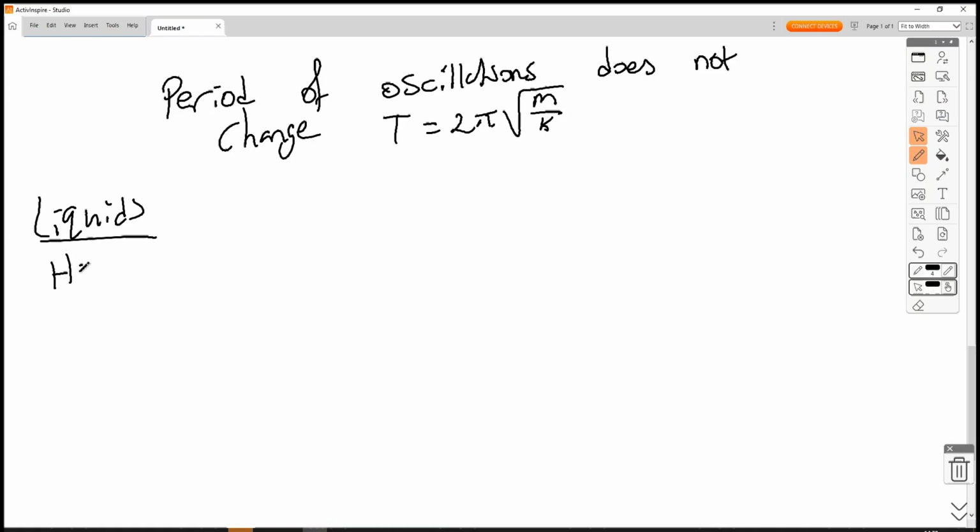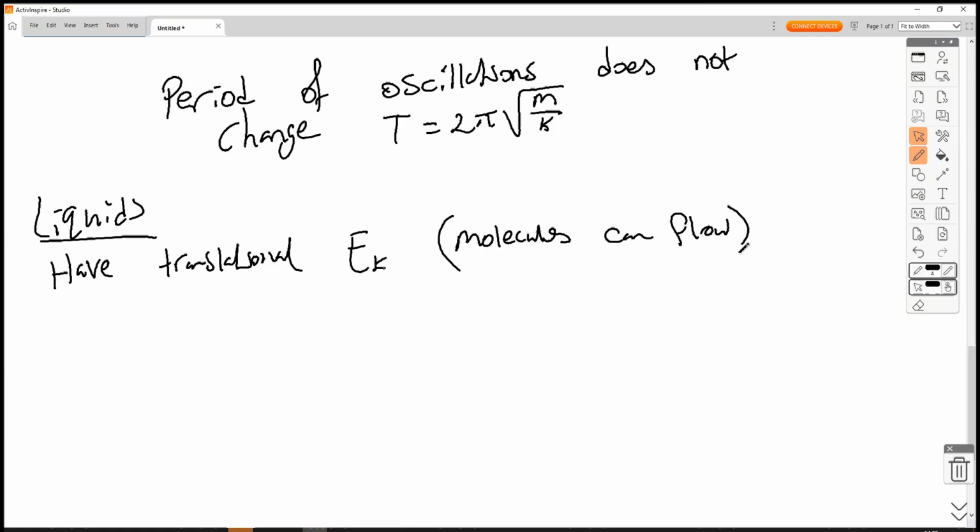So liquids have translational EK, and I put in brackets, molecules can flow. And vibrational plus rotational.